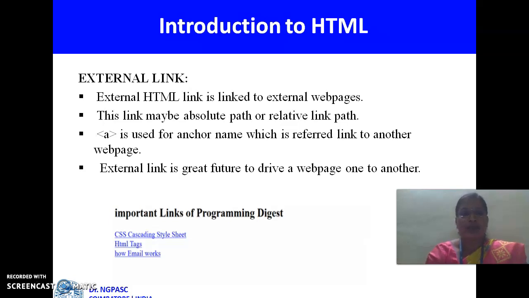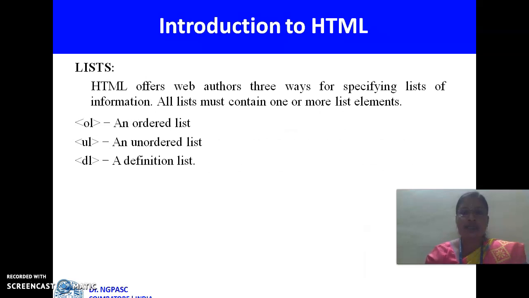Here I have mentioned three links: CSS, cascading style sheet, HTML tags, and how email works. If we click the cascading style sheet, it refers to another web page. If I click the HTML tag, it refers to another web page, not within the same web page. That is the external link.